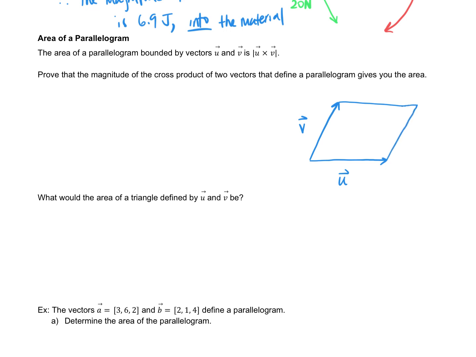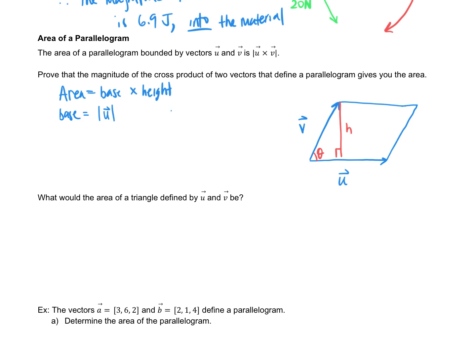Now, we know normally the area of a parallelogram is just the base length times the height. So here's the height. The base we already know: the base would just be the magnitude of vector u. But for this height, let's say we have this contained angle theta between the two vectors. The height is opposite to theta, and vector v is the hypotenuse.